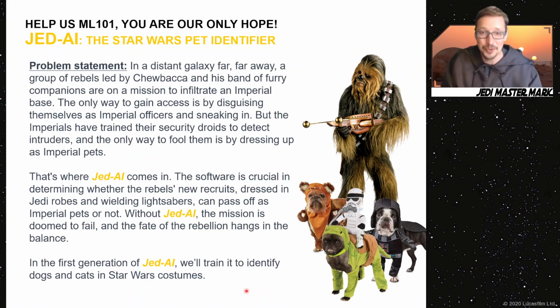Okay, so now on to our example. And here you go. This is just kind of goofy, and there's a backstory here. You can pause the video if you want to read all this. But essentially, we're going to try to program this very simple algorithm to be able to predict whether something is a cat or a dog.